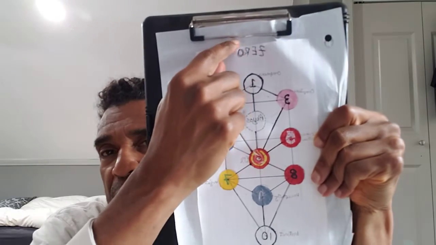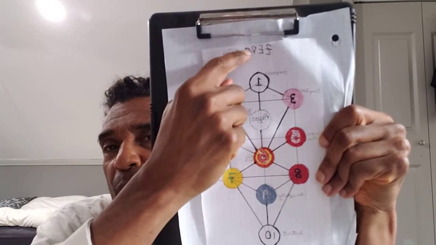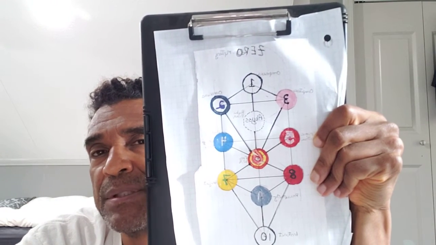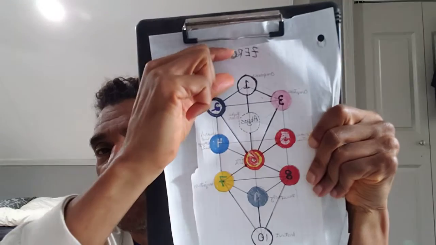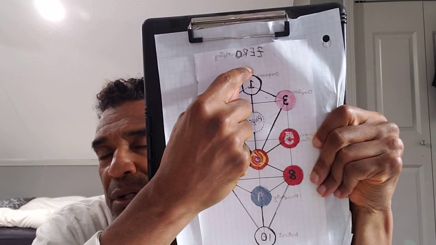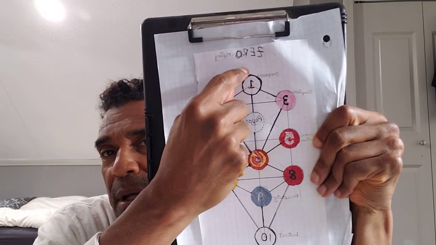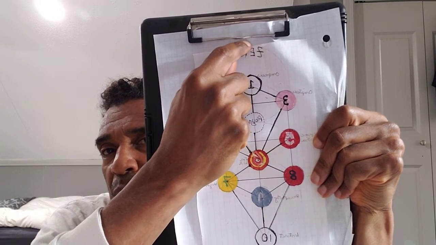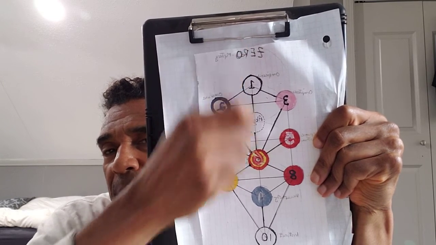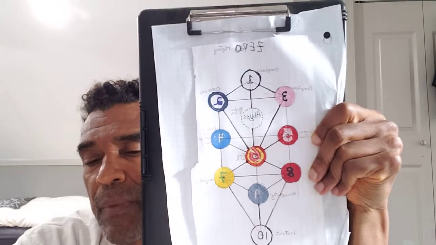So within the 0 sphere as well, the whole tree is superimposed on the 0 sphere. Now the difference with the 0 sphere is that it's inverted. So the lowest is actually the 0 sphere, the 0 fractal, and then we count up, and the 10th fractal is really at the top. So the 0 sphere is inverted in that way as well.